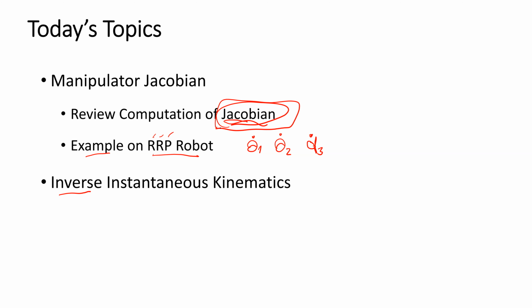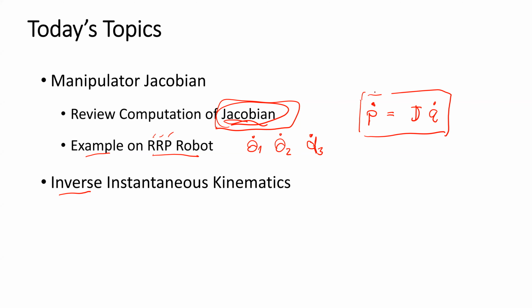But by the meaning, I think we know that the Jacobian matrix relates the endpoint velocity and the joint velocity.